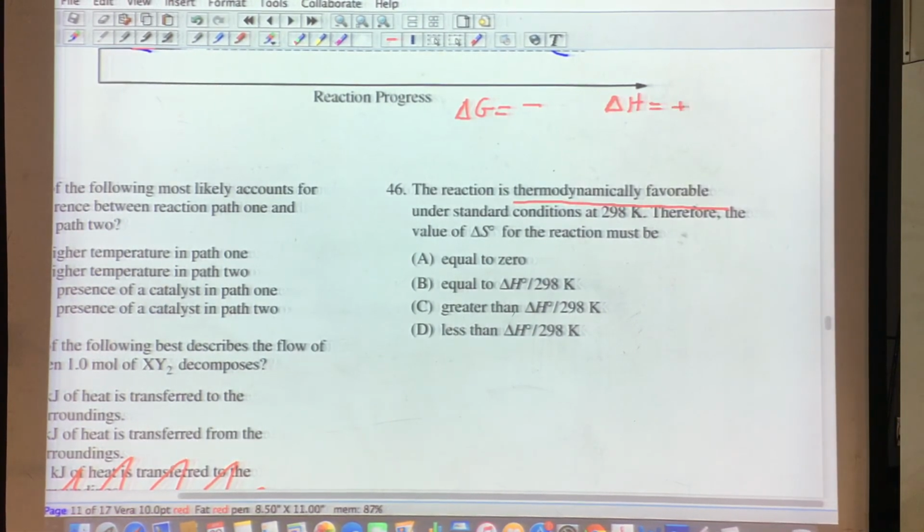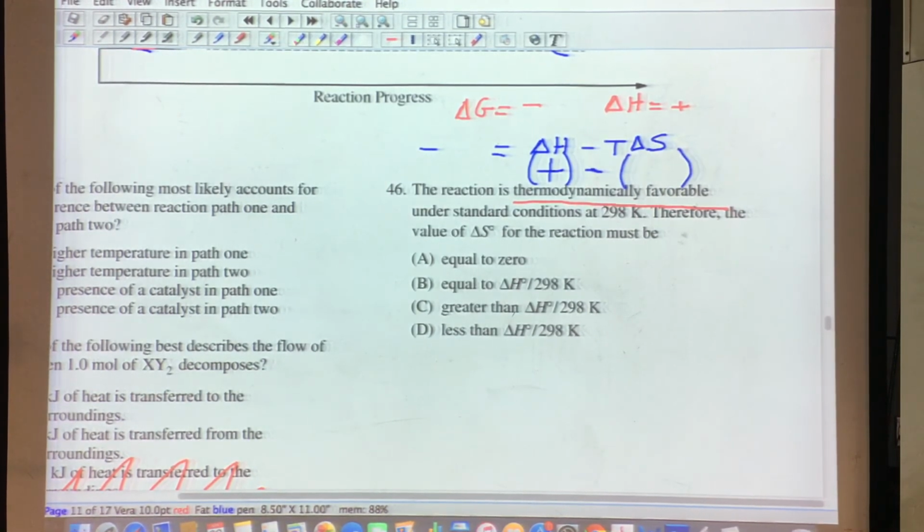Now we know delta H is what in this problem? Positive. Now let's check out my formula. Now you probably can see this right away. For me, I've got to do this. Delta G, which has to be negative, is equal to delta H minus T delta S. That's one of the ways delta G is equivalent to delta H. Now, this is definitely positive. Minus what?